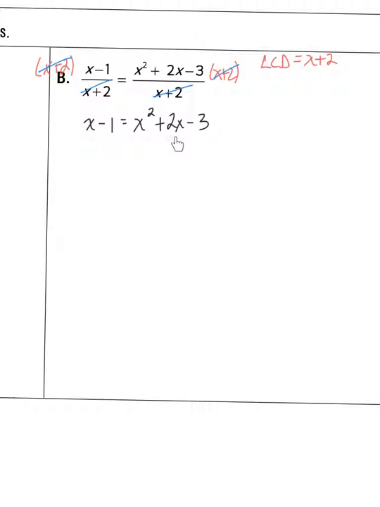Then from here, you have to get one side equal to 0. You cannot factor this side and then divide both sides by x minus 1 and get a solution because you will lose a solution. So my highest degree term is x squared, so I'm going to move everything to the side where that highest degree term is. So I end up with 0 equaling x squared plus x minus 2.